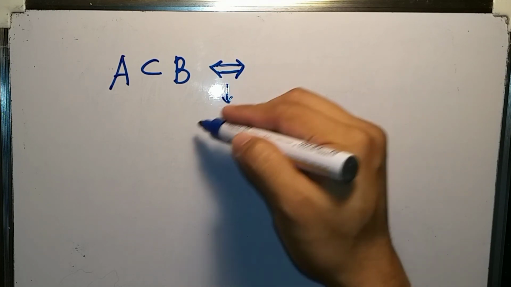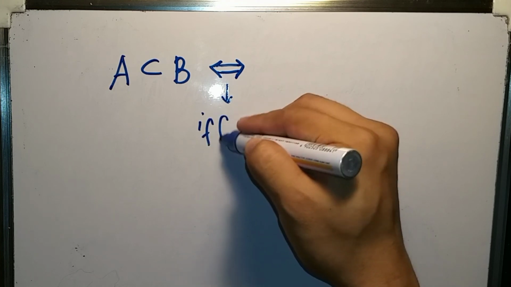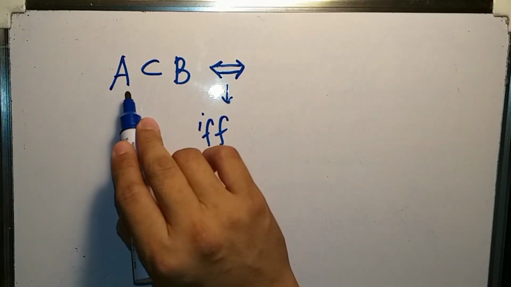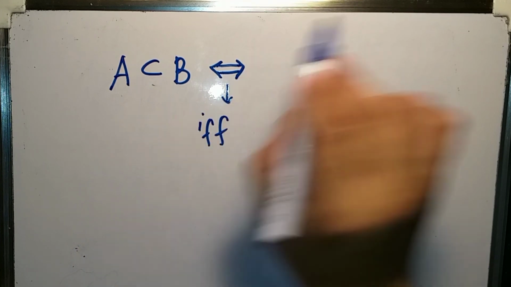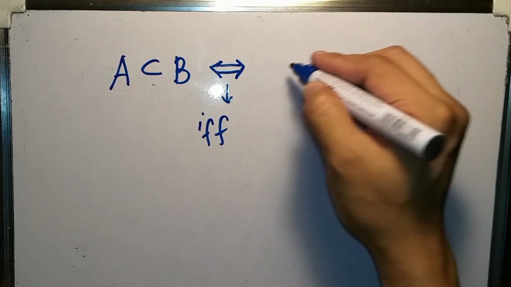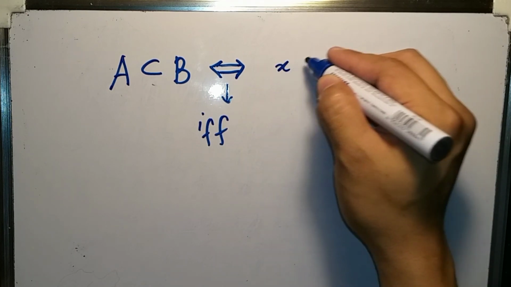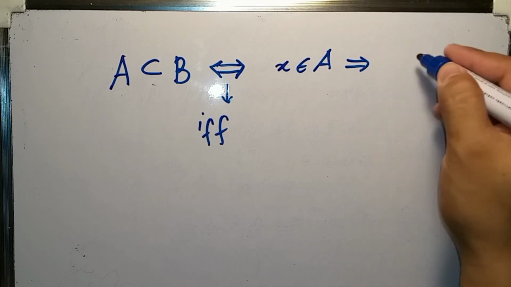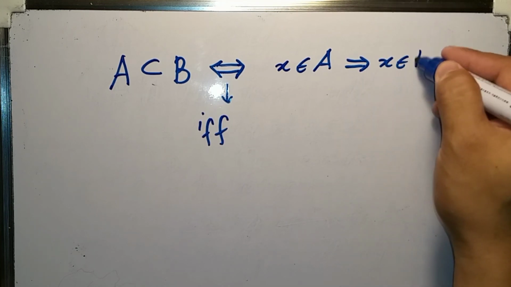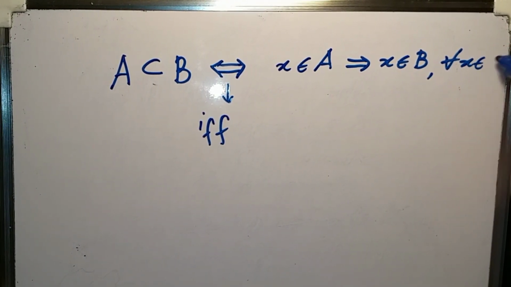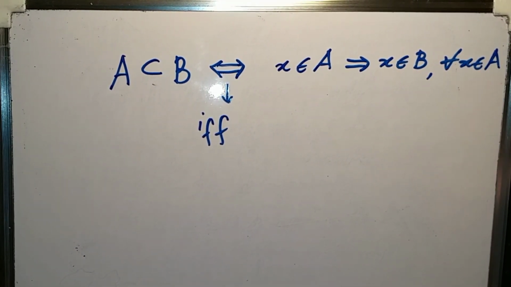It reads if and only if, so IFF. So we say that A is a subset of B if and only if x element of A implies x element of B for all x element of A.